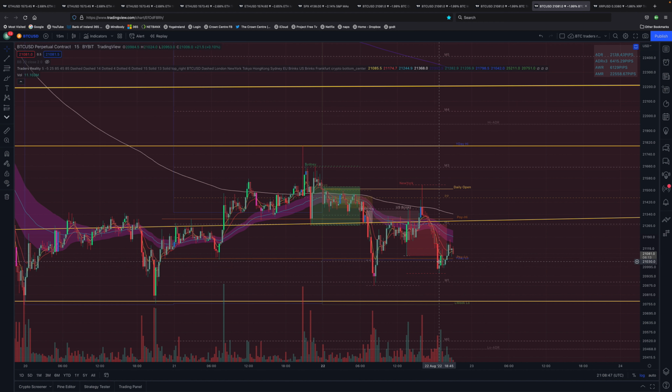So I have a fair bit of confidence that this reversal will hold here, at least to get us to the daily open, and maybe a little bit above the M3. So that would be my confidence. But again, I'm watching to see if the psychological low holds, because that is the level that needs to be the support for this lift.